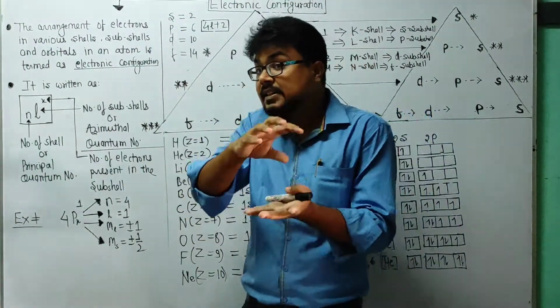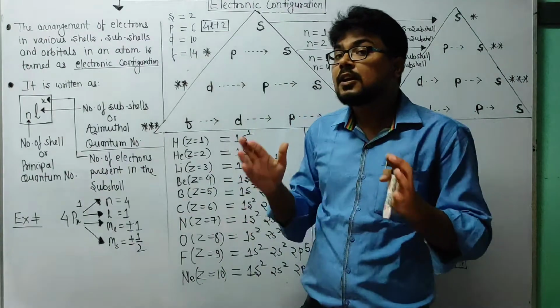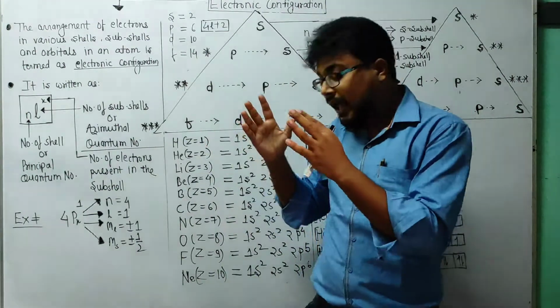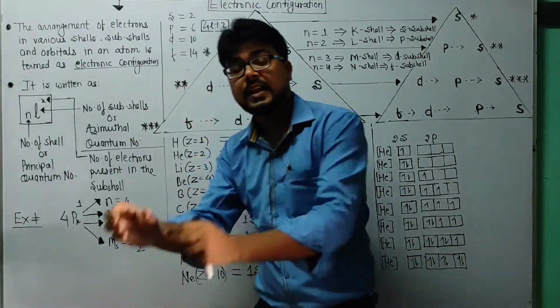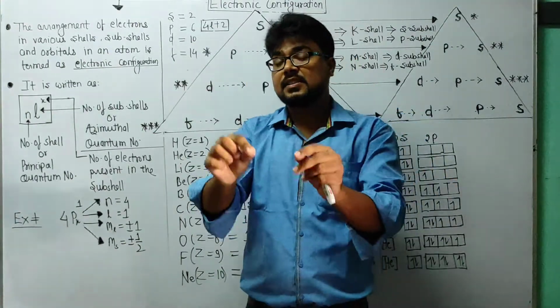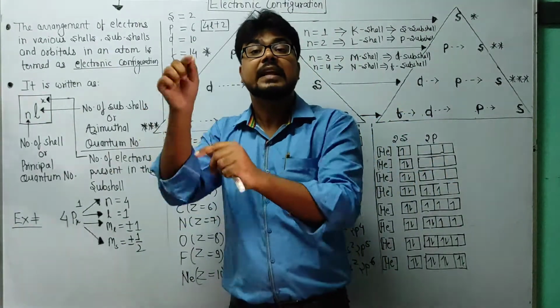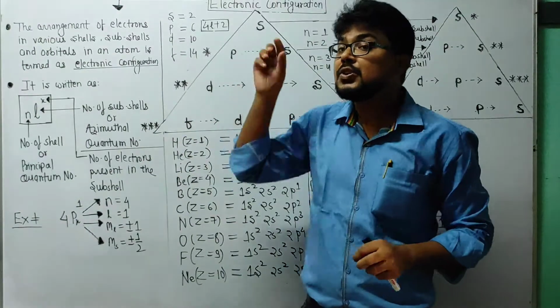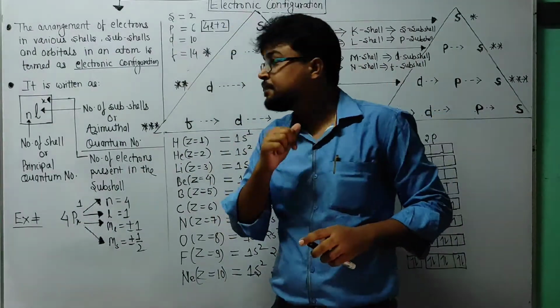It is nothing but the configuration of electrons. With the help of this we can locate the particular position of that electron in an atom using the concept of electronic configuration.